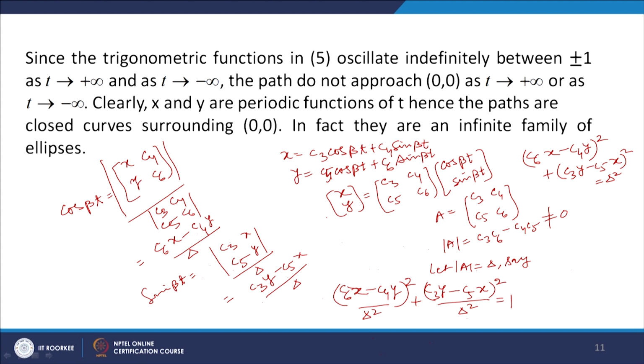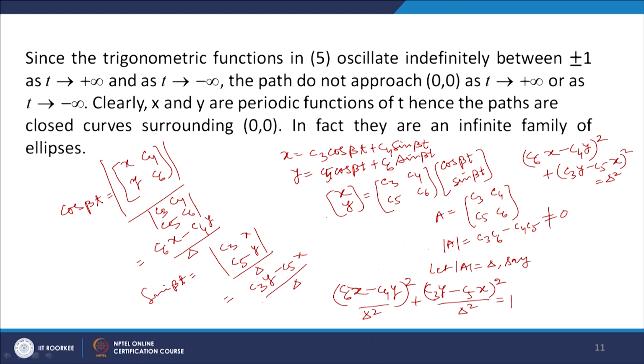Now, this second degree equation in x and y will represent an ellipse if, with the coefficient of xy being b, the coefficient of x square being a, and the coefficient of y square being c, b square minus ac is less than 0.